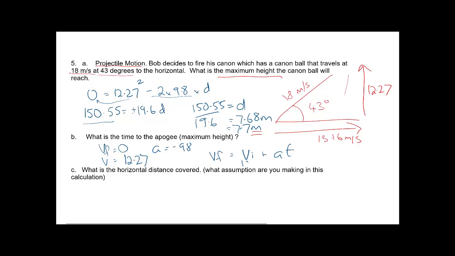So 0 equals 12.27 minus 9.8 times T, so 12.27 equals 9.8 times T. 12.27 divided by 9.8 equals T, and that equals 1.25 seconds. Okay, so that's that answer.